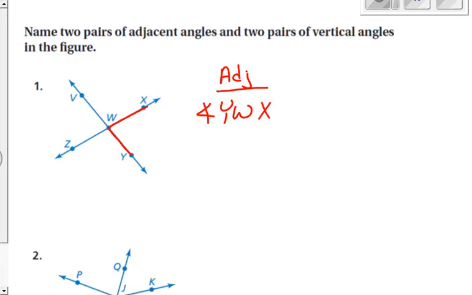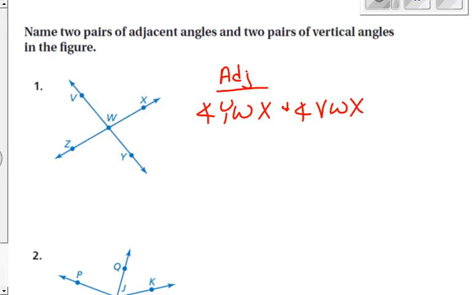We need to have another angle that shares with us YW or WX. So let's say we choose an angle with WX. Well, we know that this shares WX. So our other angle could be angle VWX.